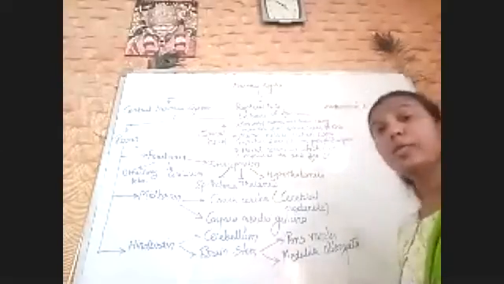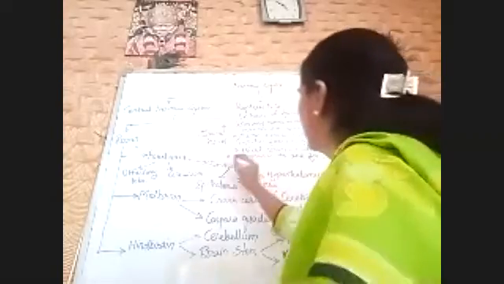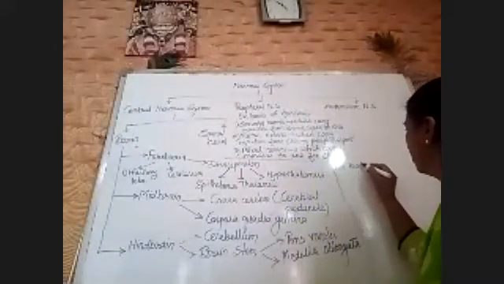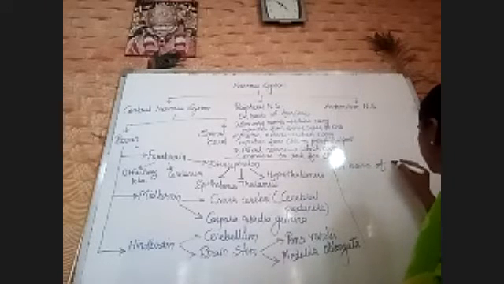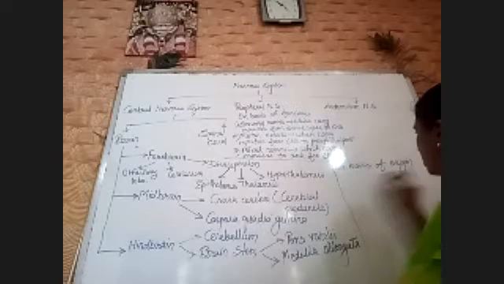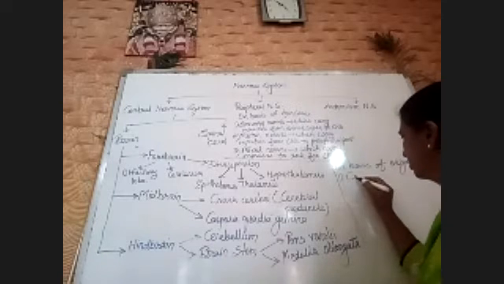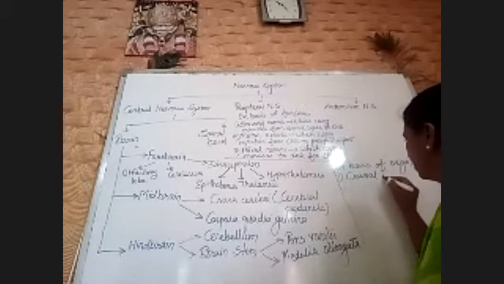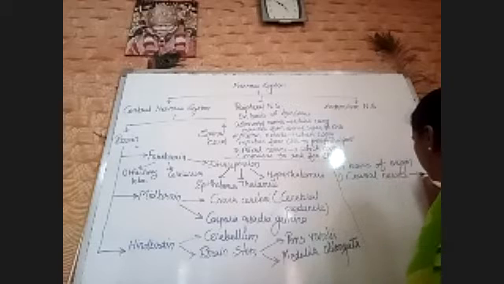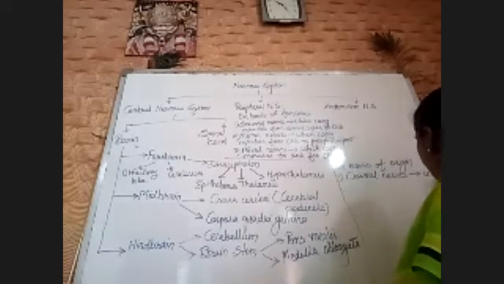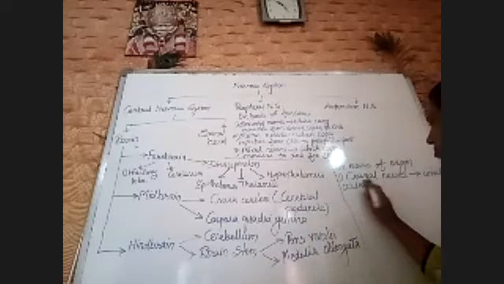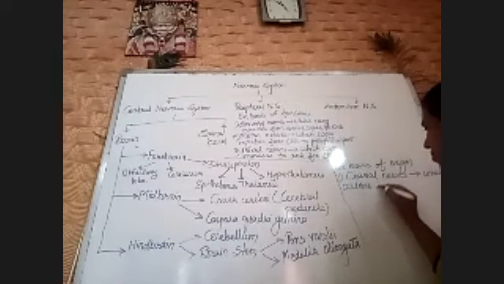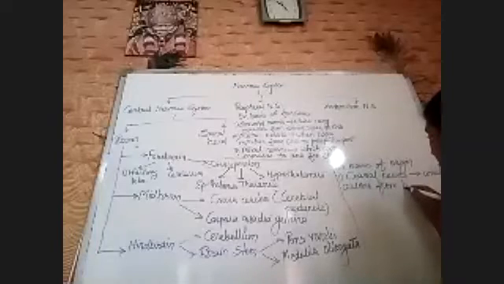और दूसरा जो क्लासिफिकेशन है, that classification is on the basis of origin. These are cranial nerves, which arise from the brain.